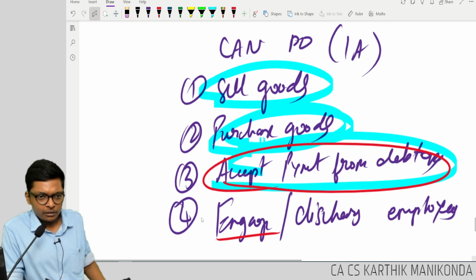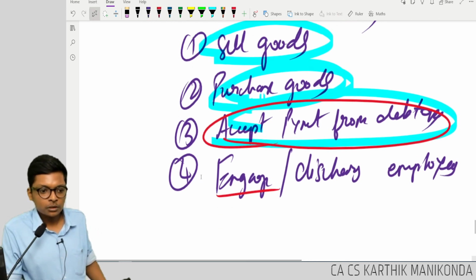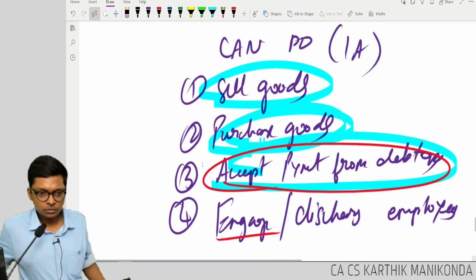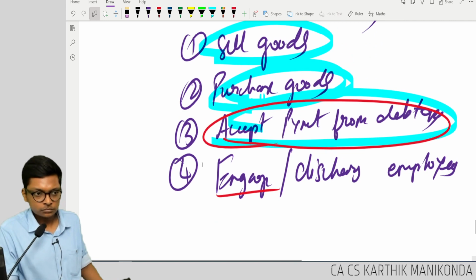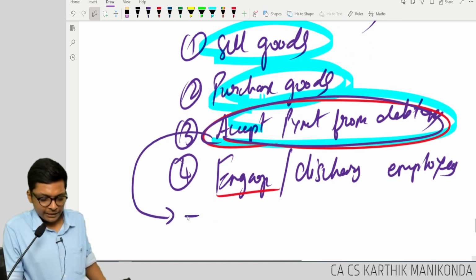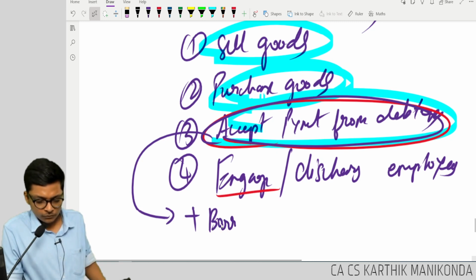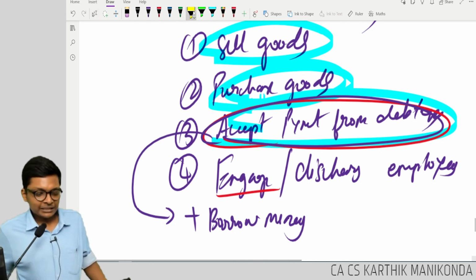Additionally, borrow money. So additionally write down, guys.